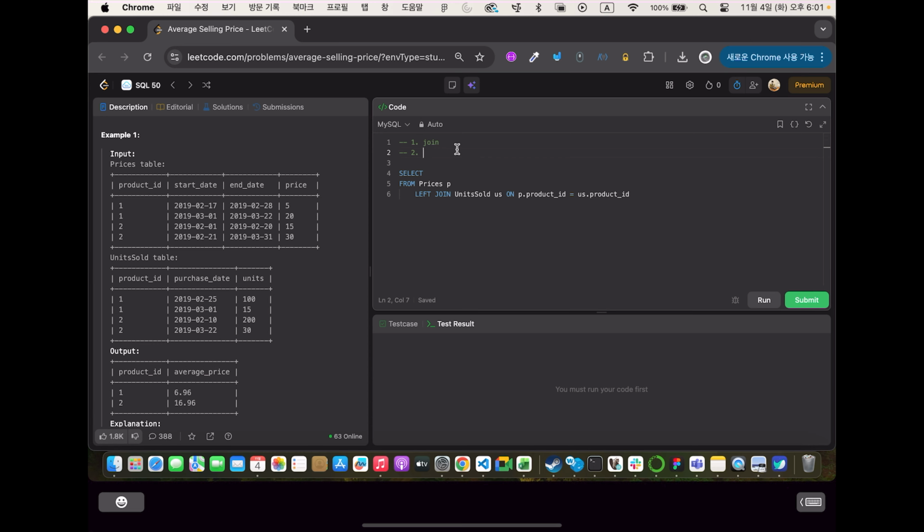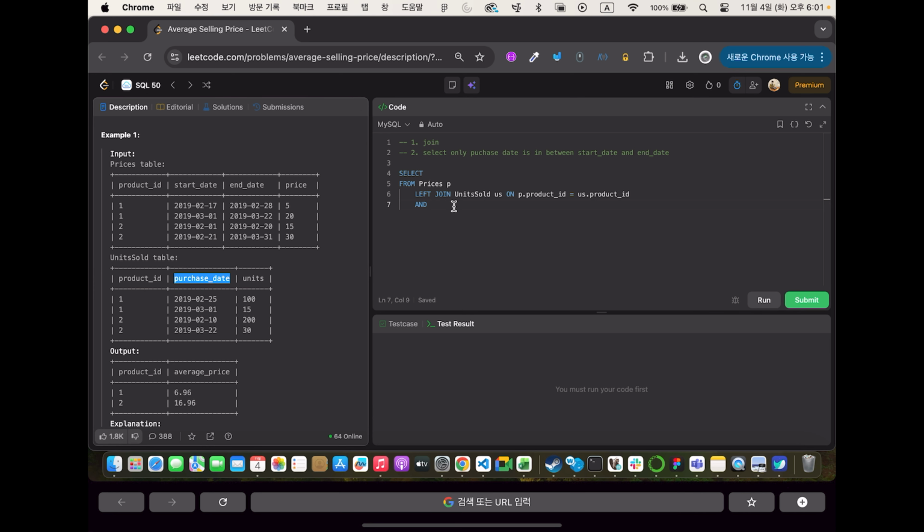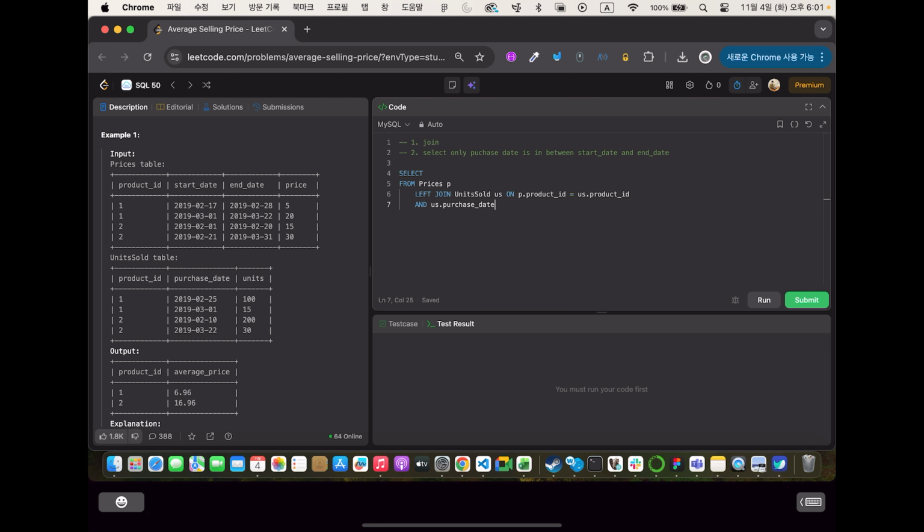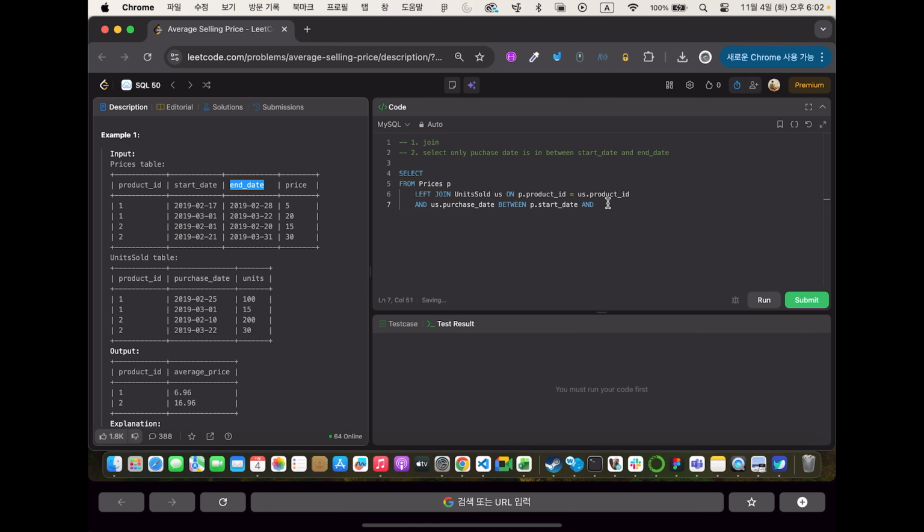So we're going to select only rows where the purchase date is in between the start date and end date. I'm going to use it here in the join condition like this: us.purchase_date between p.start_date and p.end_date.